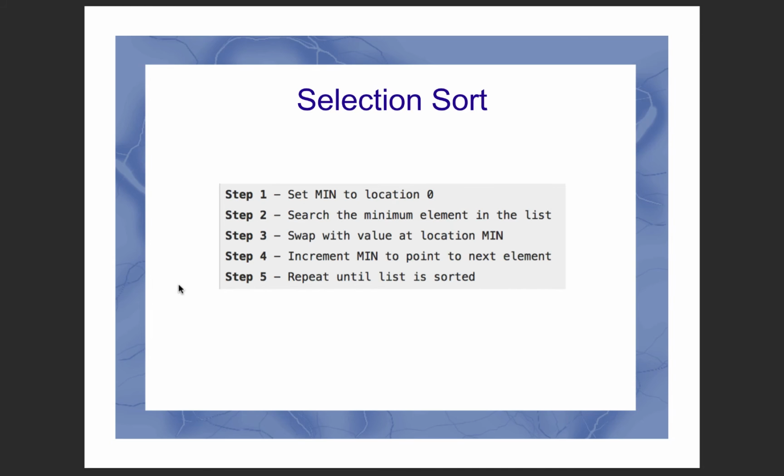Insertion sort says take the next element and insert it at the right position, and selection sort says take the right element and insert it at the next position. So selection sort basically takes the right element.